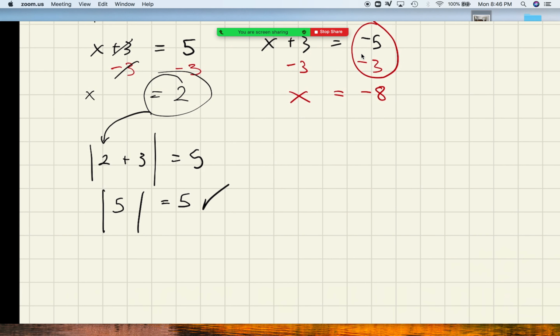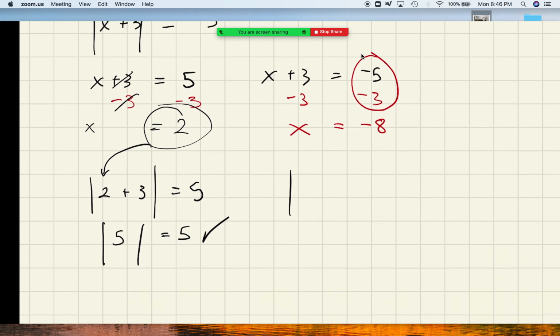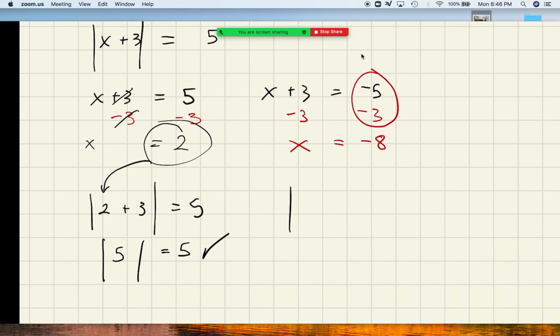And if I plug in, so what do I have? The absolute value of x plus 3, so x, whatever that is, and that's supposed to equal 5. I'm plugging in my other answer, which is -8.